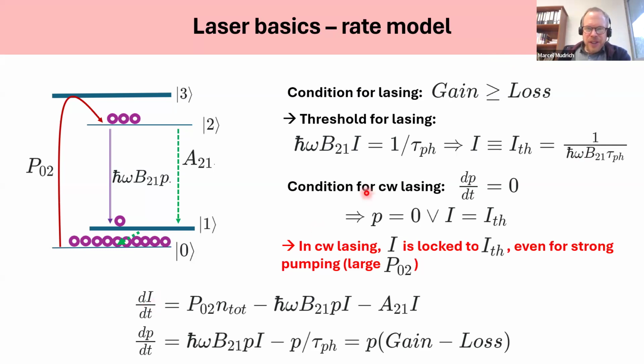The inversion is the difference in population between the upper laser level and the lower laser level. Positive inversion means there is more population in the upper laser level than in the lower laser level, which is the prerequisite for amplifying radiation that hits the active medium by stimulated emission.